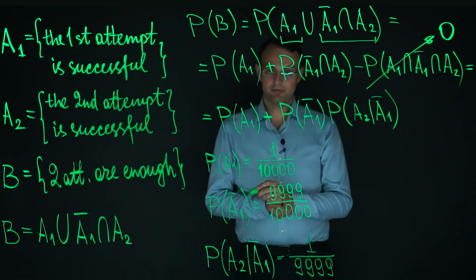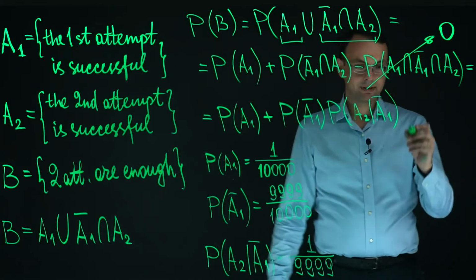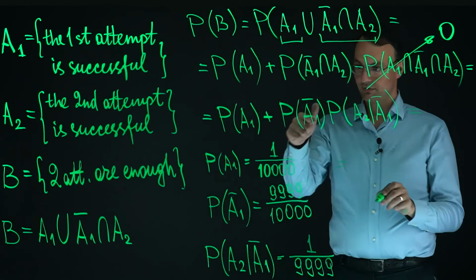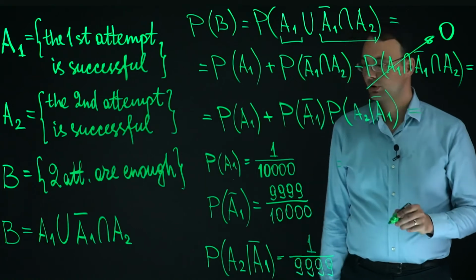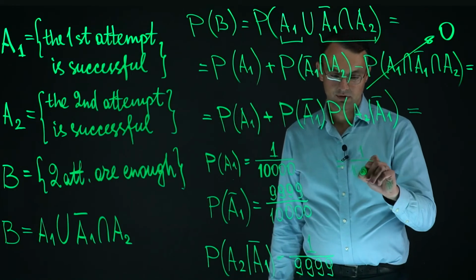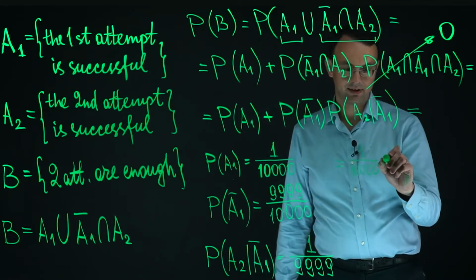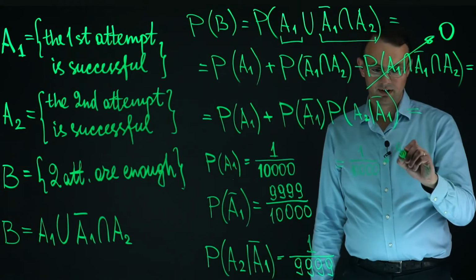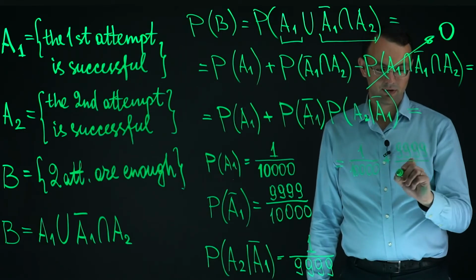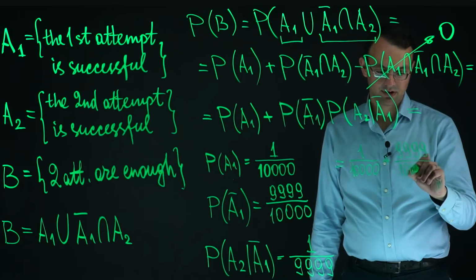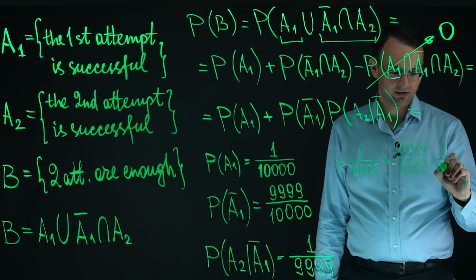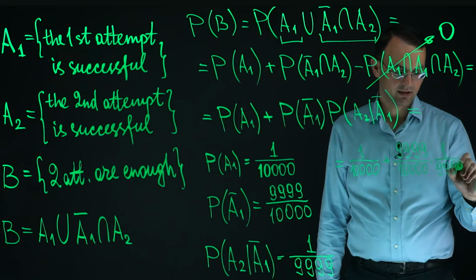So after having these three probabilities, we substitute them into this formula, and what do we get? 1 over 10,000 plus 9,999 over 10,000 times 1 over 9999.